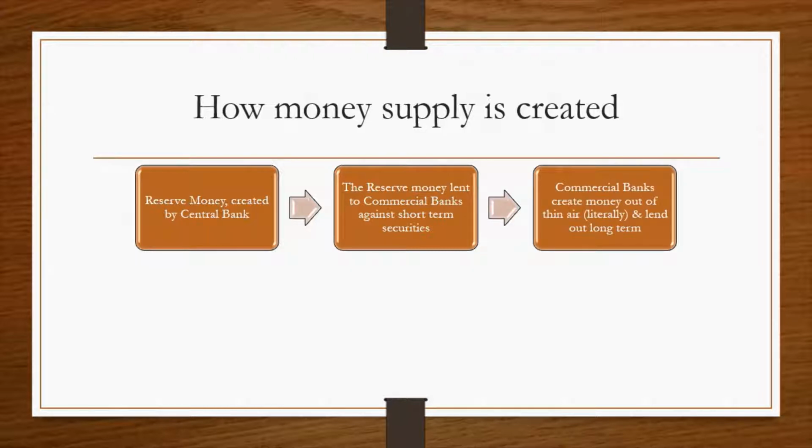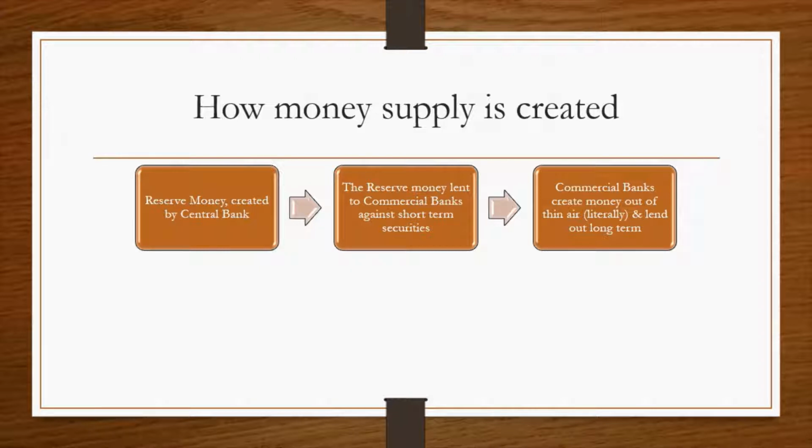Now, using that reserve money, the commercial banks then also create money out of thin air, literally, using that reserve money by X number of times and lend out long term to the borrowers. So they borrow short term from the central bank and lend out long term to the borrowers.